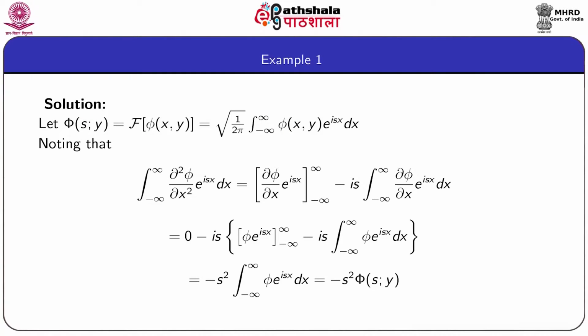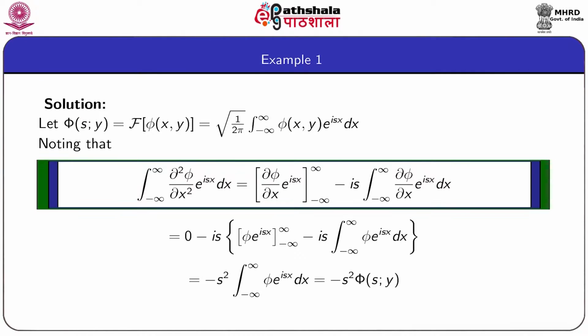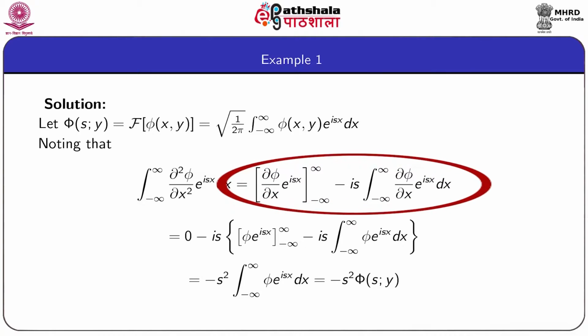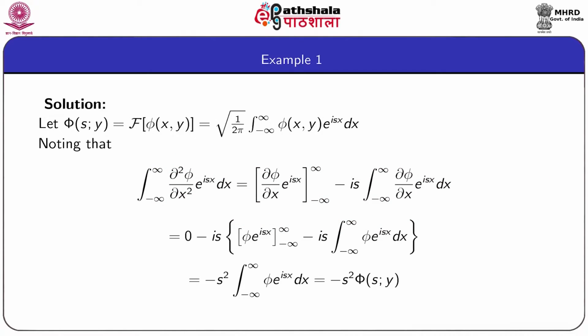Here we note that the integral from minus infinity to plus infinity of del squared phi by del x squared e to the power isx can be simplified. First we integrate by parts so that we get del phi by del x e to the power isx, x from minus infinity to plus infinity, minus is integral from minus infinity to plus infinity del phi by del x e to the power isx dx.